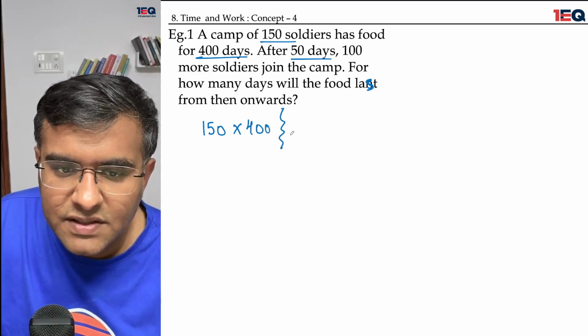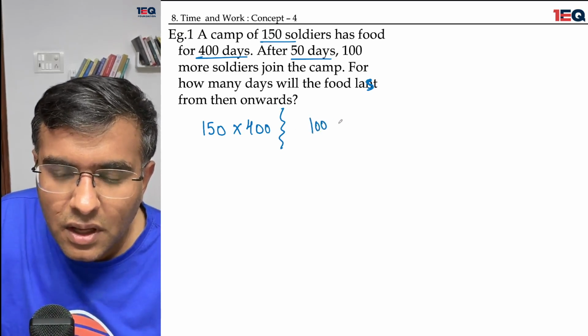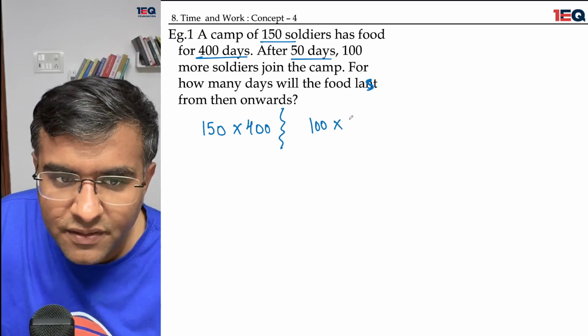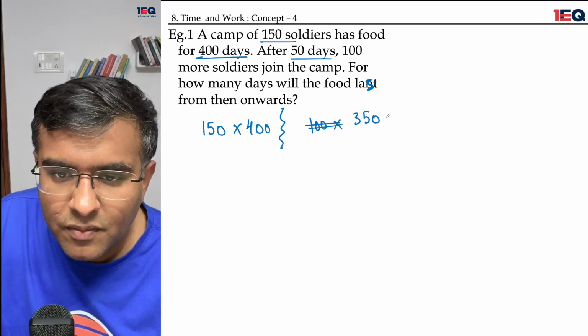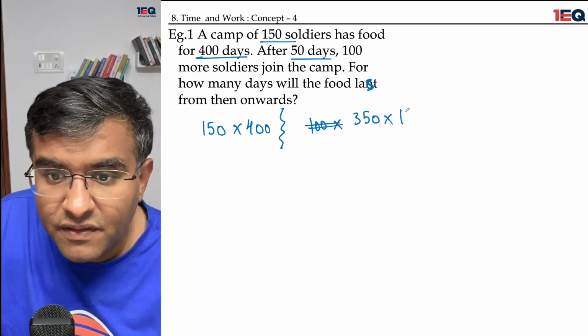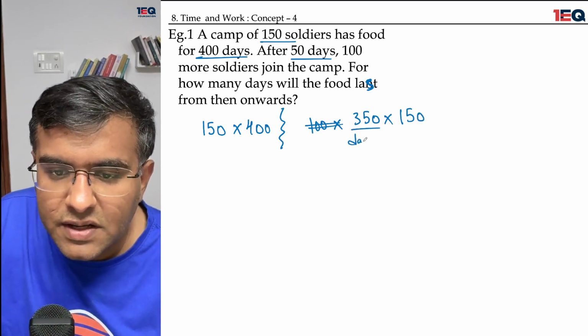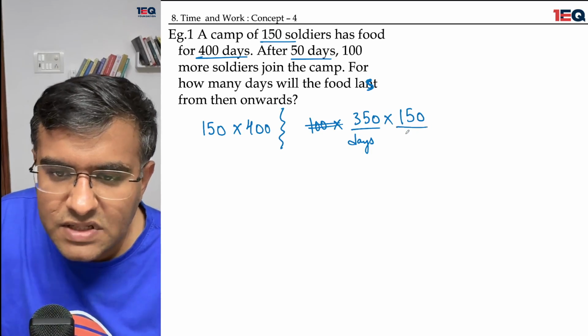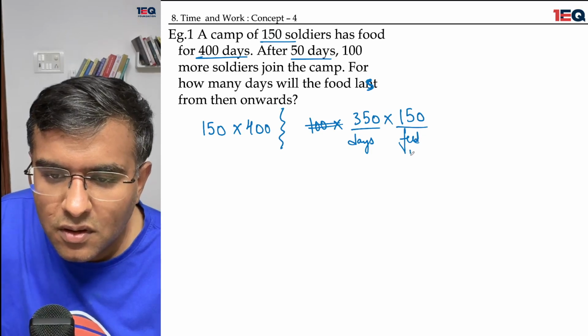After 50 days, only 350 days of food is left, which can feed 150 soldiers easily.